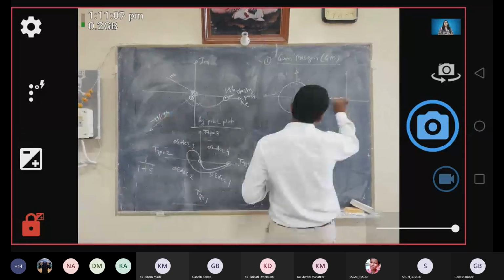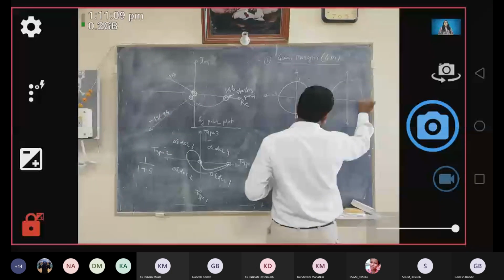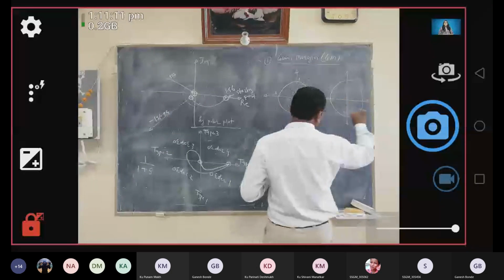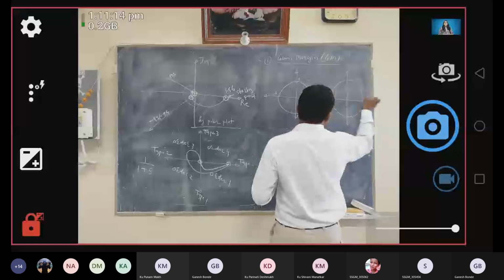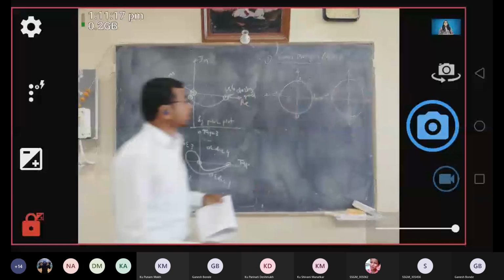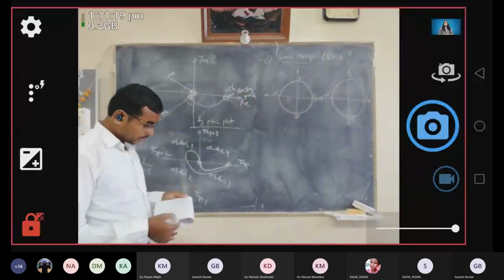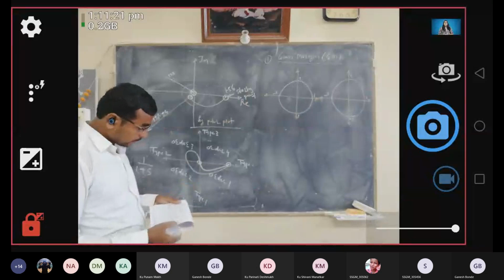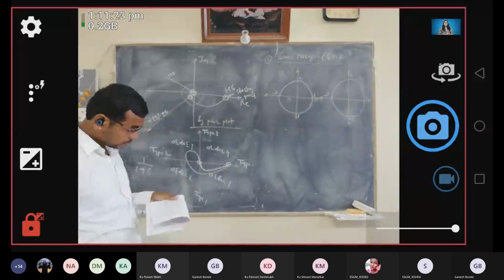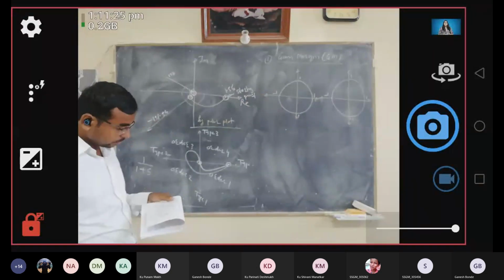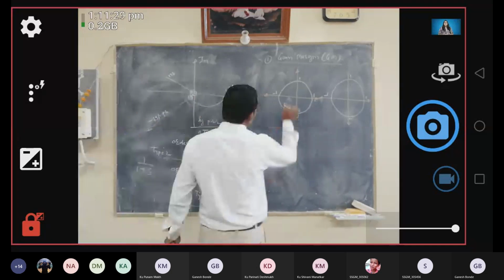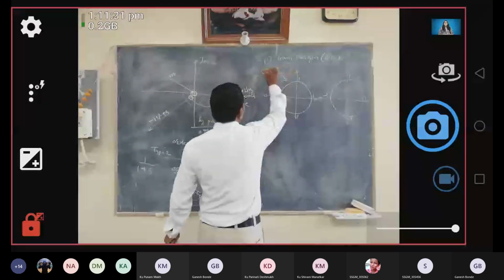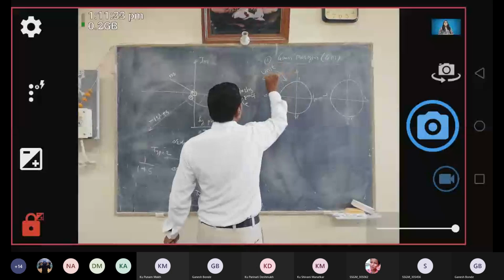Similarly here, -1, and +1. So we give the name to this: unit circle.